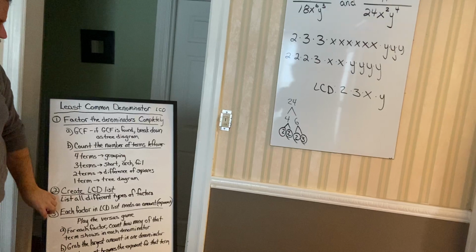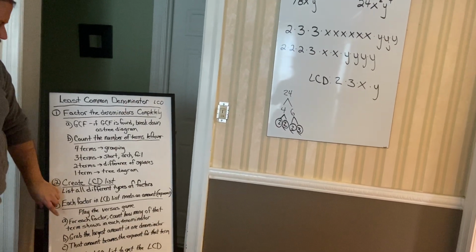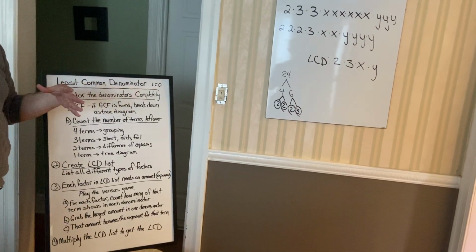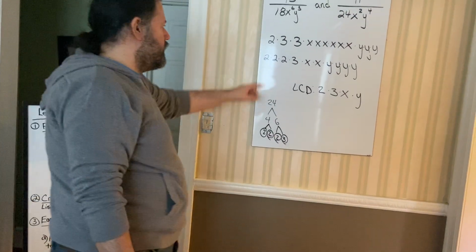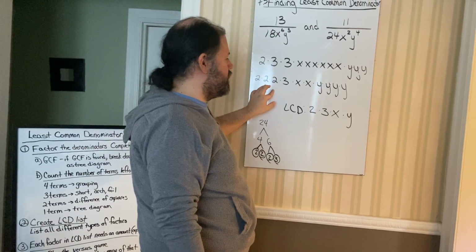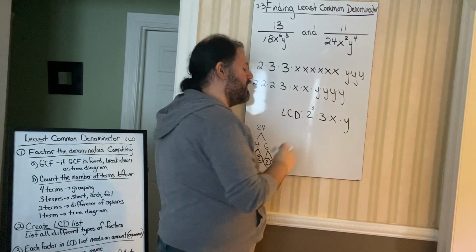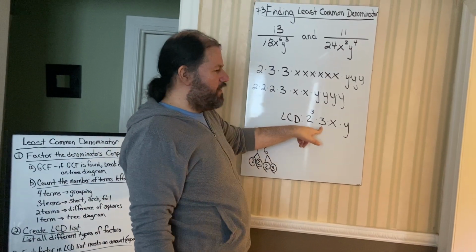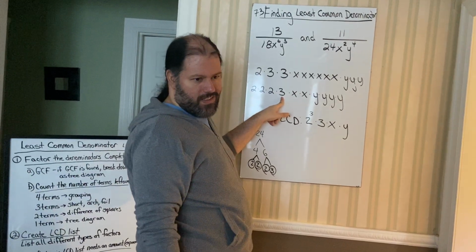For each factor in the LCD list, we need to put an exponent. How do we do that? Again, play the versus game. See how many 2's are in each denominator, and then grab the largest amount. That would be your exponent. So notice I have 1 here, but I have 3 here. So 1 versus 3, largest amount is 3. So I'll put a 3 as the exponent. For the factor of 3's, notice I have 2 here, but 1 here.